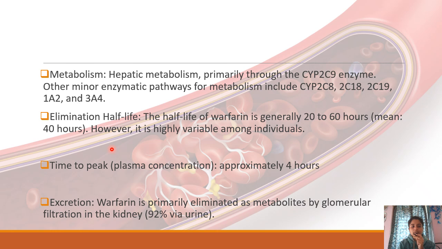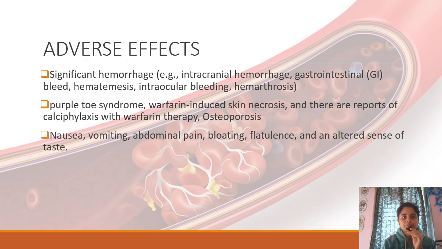Elimination half-life is around 20 to 60 hours, the mean is around 40, and it can vary from individual to individual. Time to peak is approximately 4 hours, which means the peak level occurs in the plasma, that is, in the blood. Excretion: 92% gets excreted via urine.